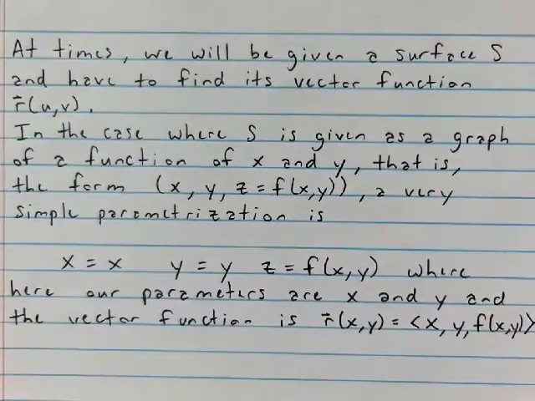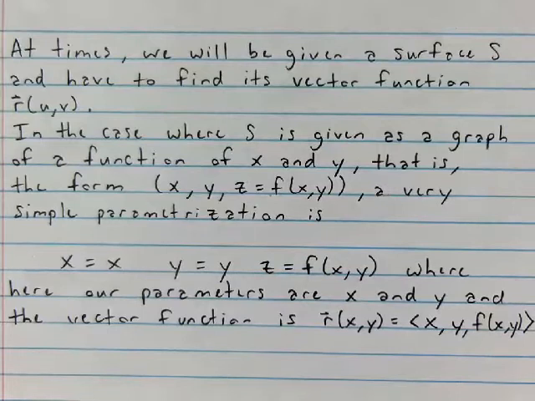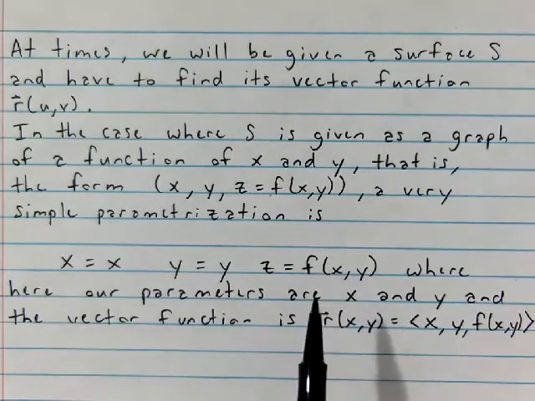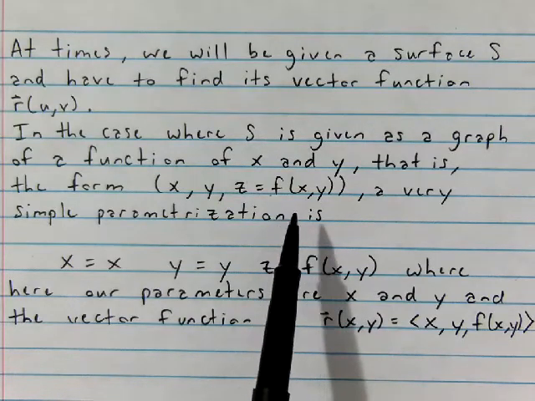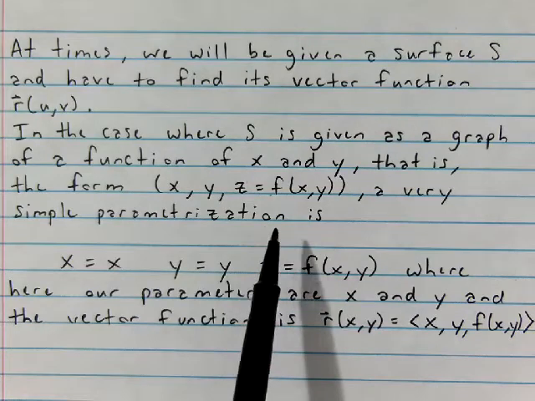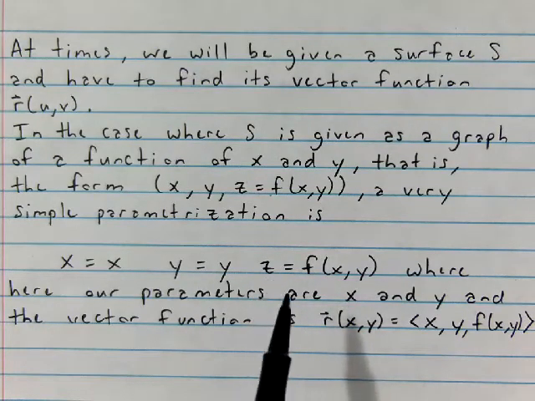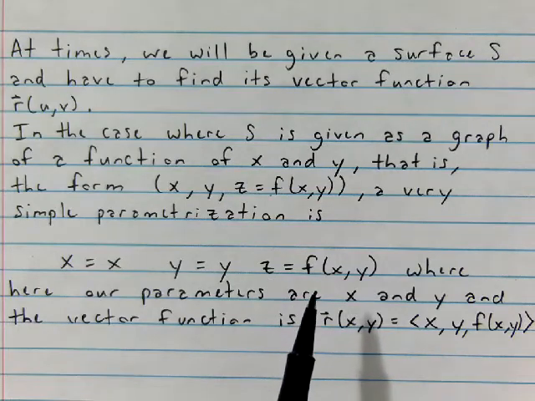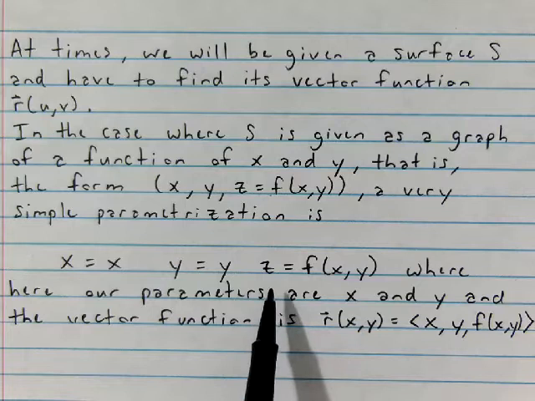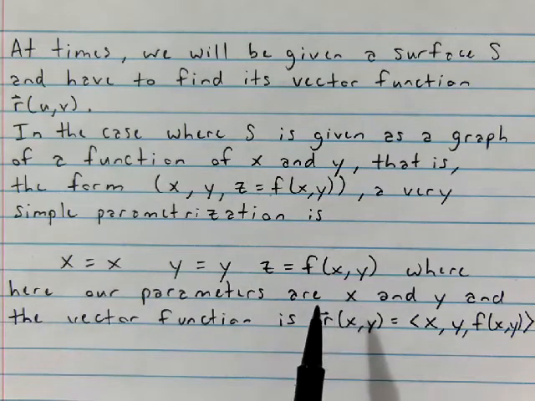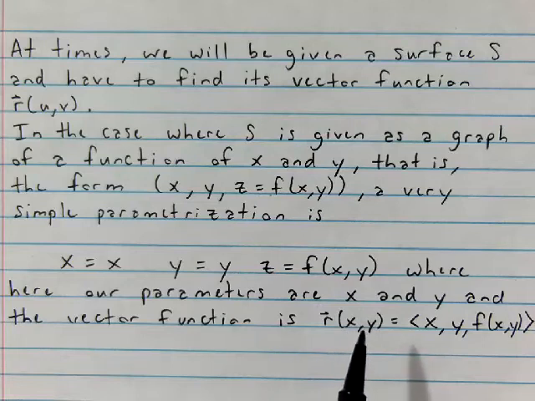All right, so just like we have a favorite trig identity, this is going to be our favorite parameterization. It won't work 90% of the time, but we'll go for it. The way you can determine whether you can use this or not is whatever description of your surface you're given: if you can solve that for z, then you know you can use this parameterization, because your surface is usually going to be given in terms of x, y, and z.